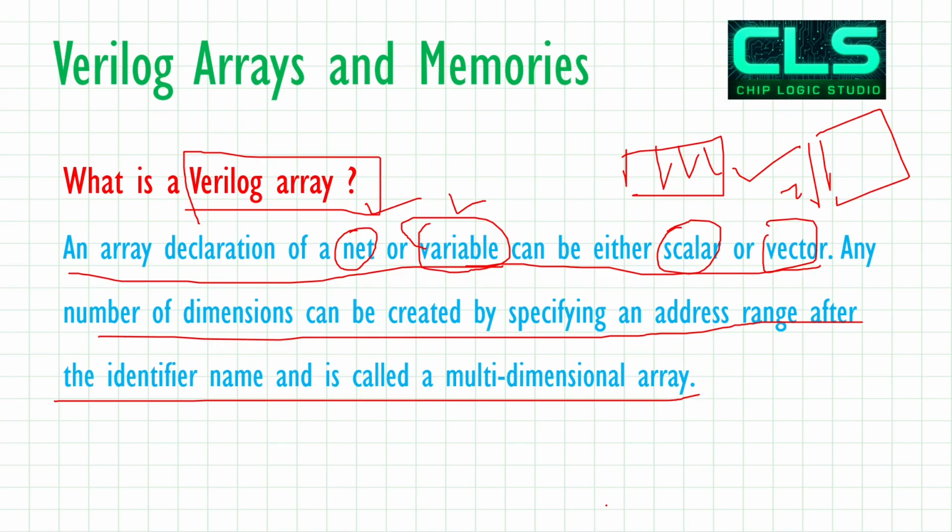So you can have multiple ranges. In Verilog there is no limit for range; the only limit is the tool you are using. For example, if you are using an unpaid tool like QuestaSim or EDA Playground, it has some limit, but in real industry tools there is no limit. You can create a multi-bit array, which is called a multidimensional array.